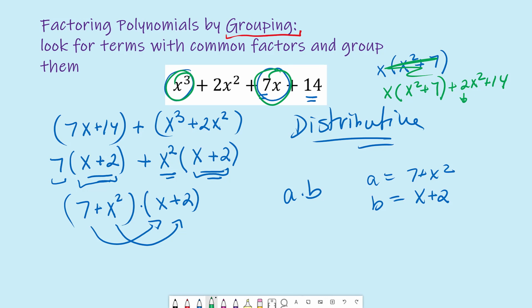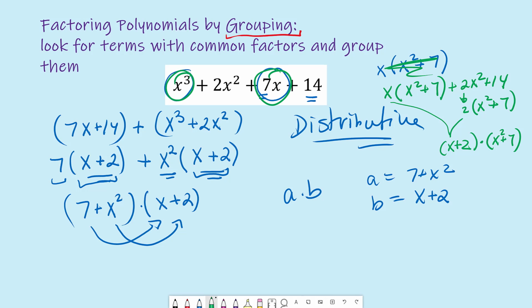Again, we factor out our 2, so we get 2 times (x squared plus 7). And we get the same result all over again, where we combine the x and the 2 multiplied by (x squared plus 7).